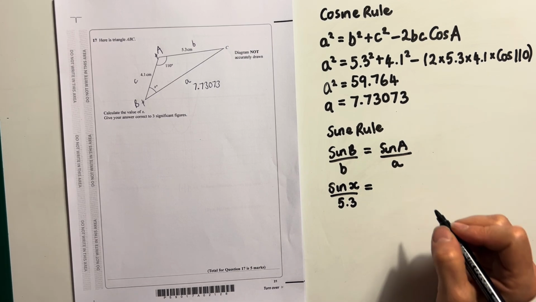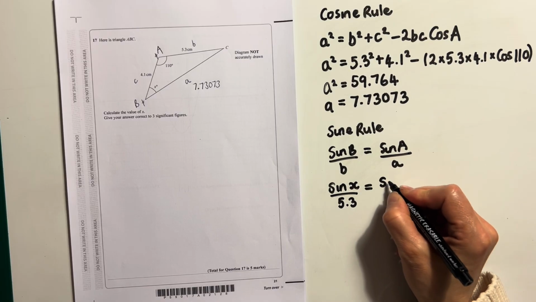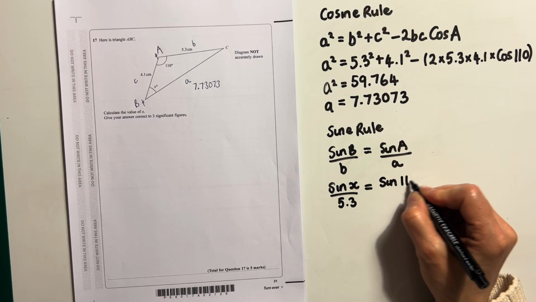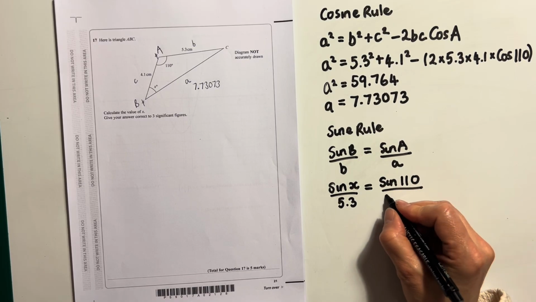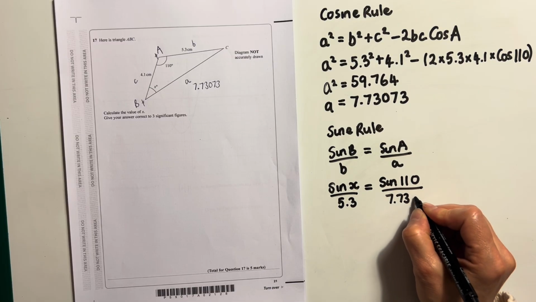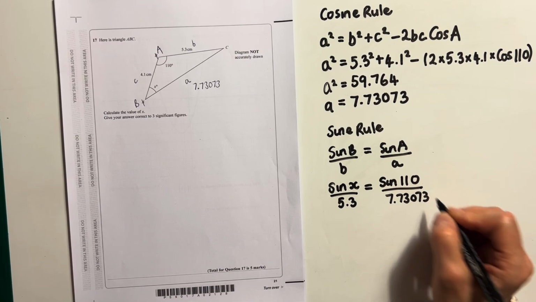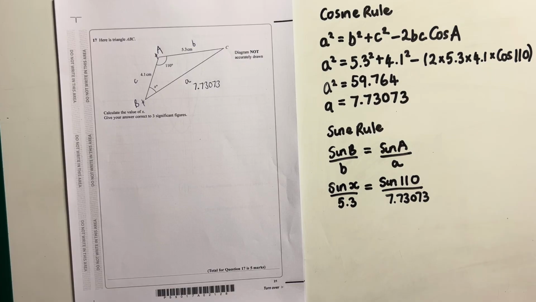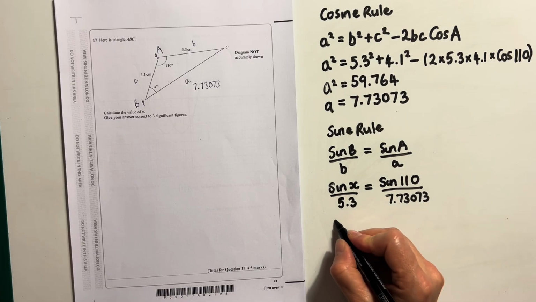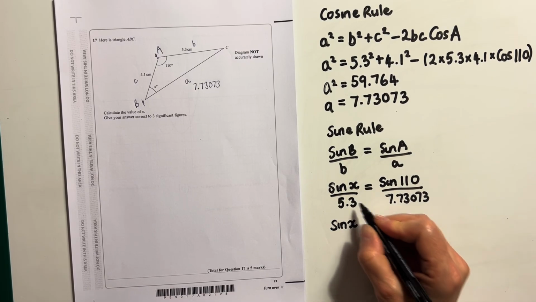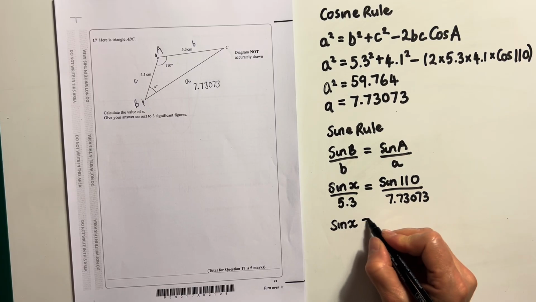And sine A, we've got sine 110 over length a, which is 7.73073. We can then rearrange that by timesing both sides by 5.3.